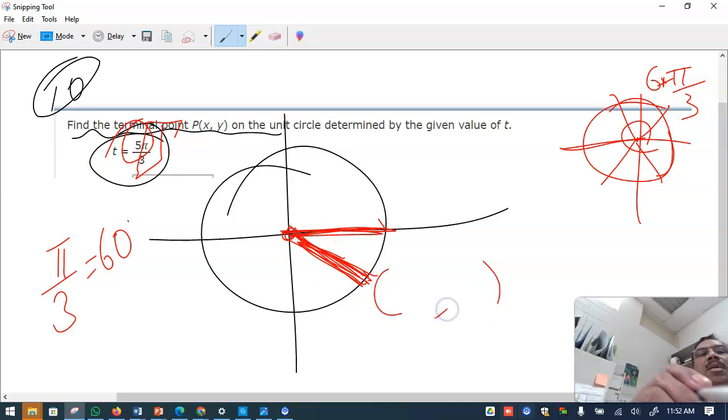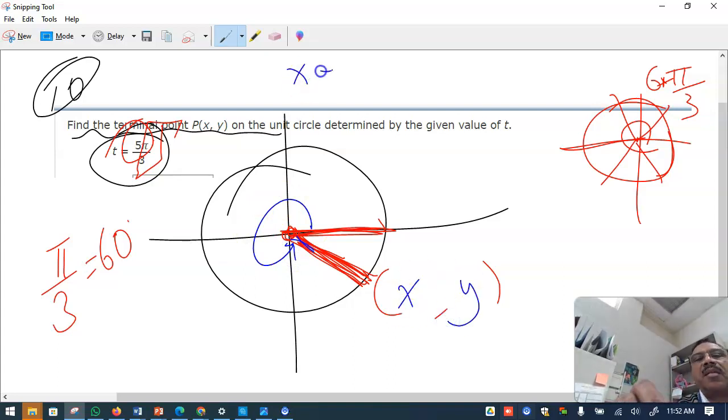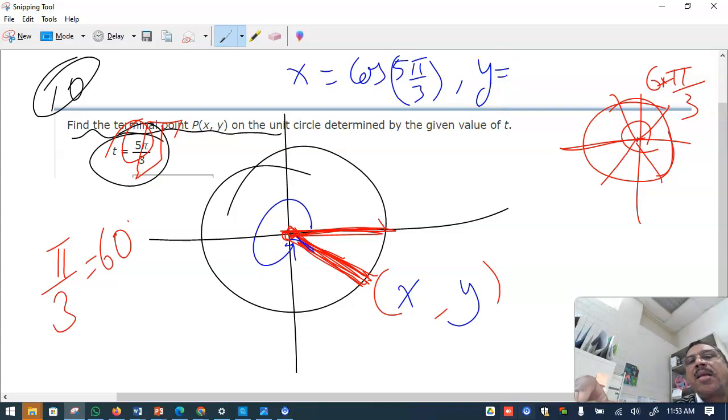We want to know this coordinate, and they gave you the angle. So whatever is given is the angle. You want to know what x and y are. What is x? X is cosine of 5 pi by 3, and y is sine of 5 pi by 3.